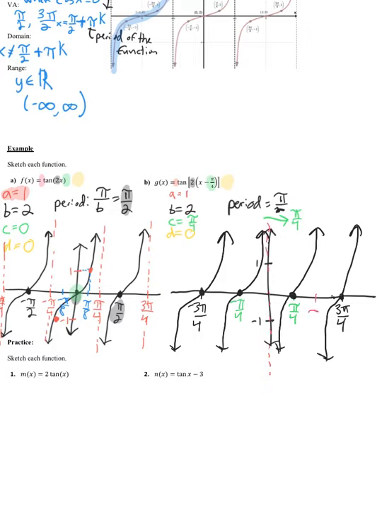There's going to be another asymptote at pi over 2. There's going to be an asymptote at negative pi over 2. Be an asymptote at negative pi. Every pi over 2 units, there's going to be an asymptote, at positive pi. Those are my vertical asymptotes, and I just draw those with the dashed lines.